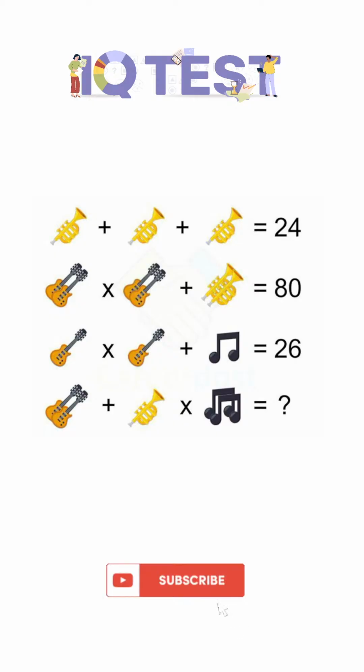All right, so if we look at the last option, we have 2 guitar, which is 4 each. That will be 8, plus the trumpet, which is 8 in itself, then multiplied by 2 musical notes. One musical note is 10, so the two of them is 20.